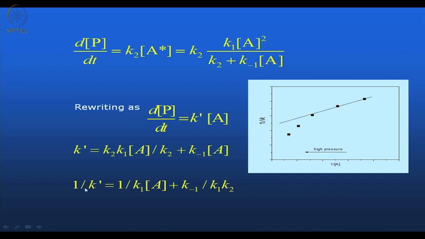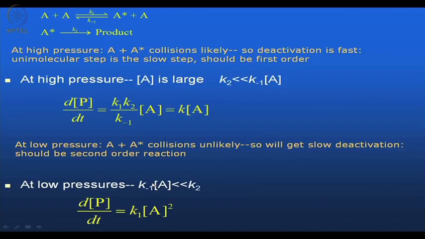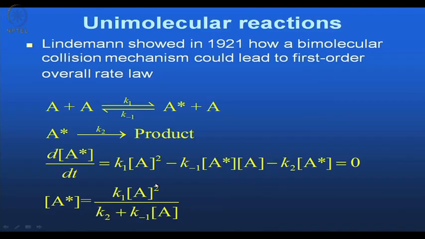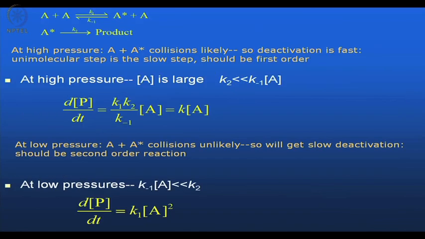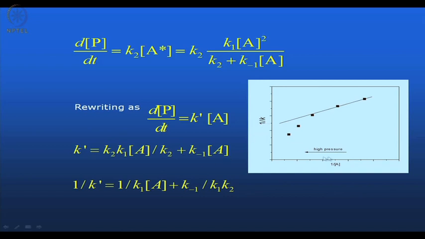If we plot 1 by K versus 1 by A, then it has been found that those reactions which follow this unimolecular mechanism behave like this.